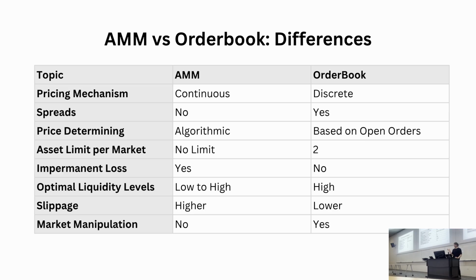And an order book generally has just two assets, like USD and ETH, Bitcoin and USD, whatever. Impermanent loss exists only for AMMs. And on the high level, slippage is roughly higher for AMMs. And I would argue with that. But roughly those are the differences between an AMM and an order book.